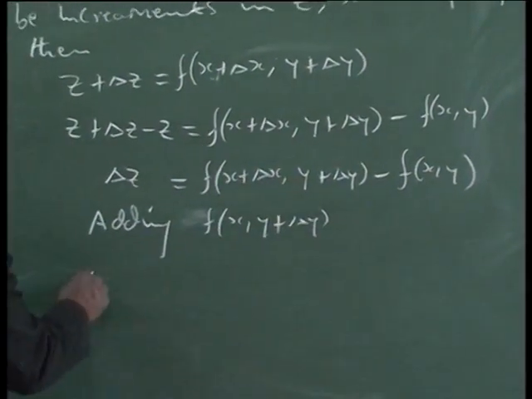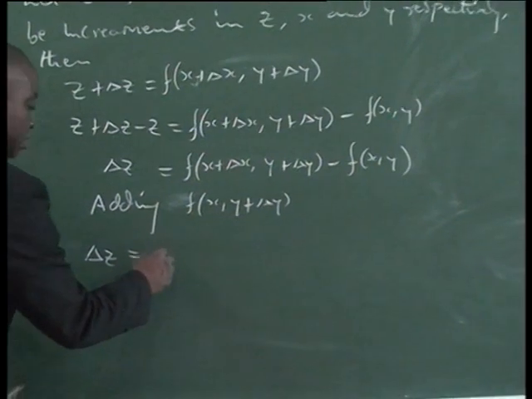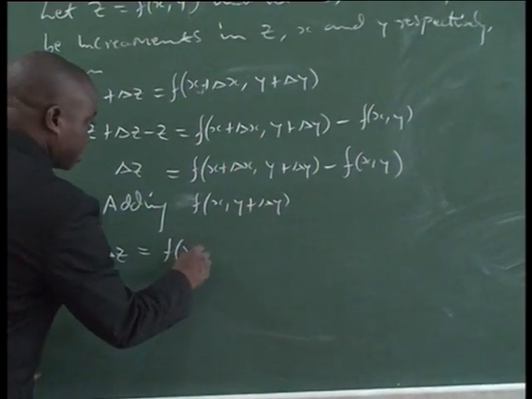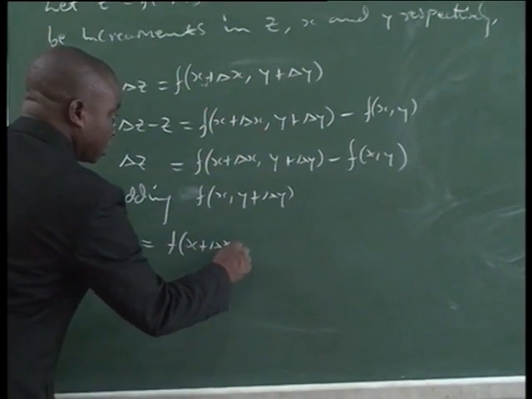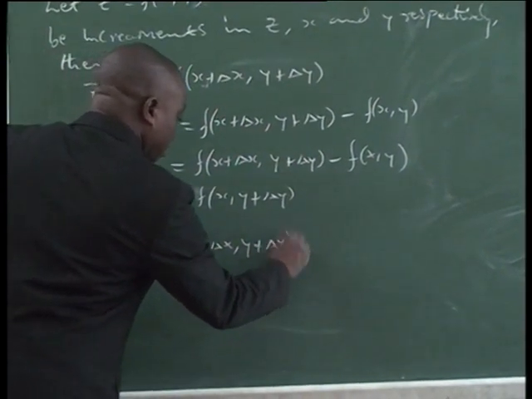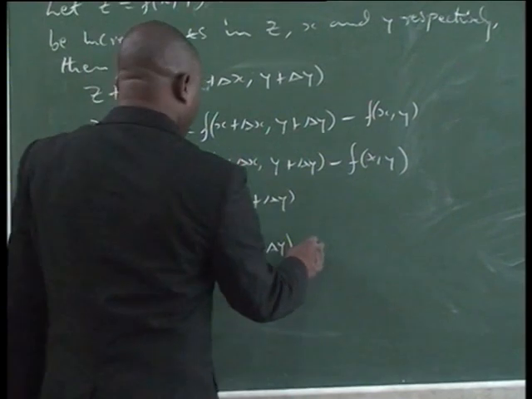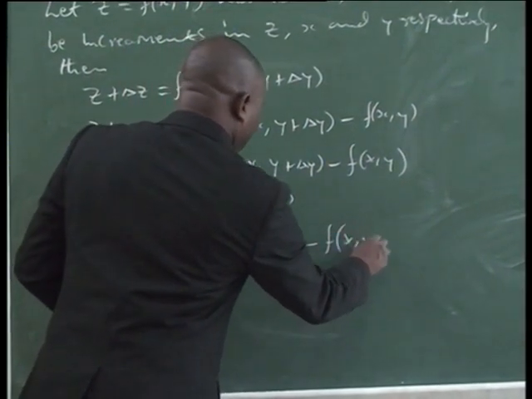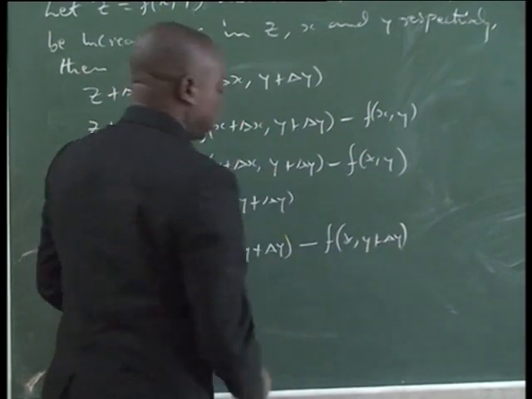If I do that, I will have change in z equal to f of x plus change in x, y plus change in y, minus f of x, y plus change in y.